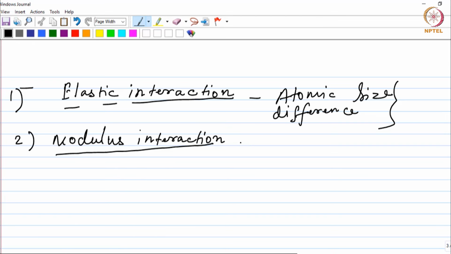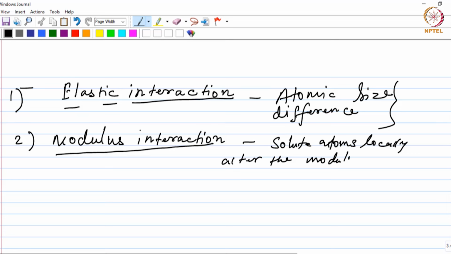This arises due to the fact that the elastic modulus of the parent metal and the alloying element is different, and due to that, when the solute atoms are added to the parent metal, the modulus will change locally. Right?